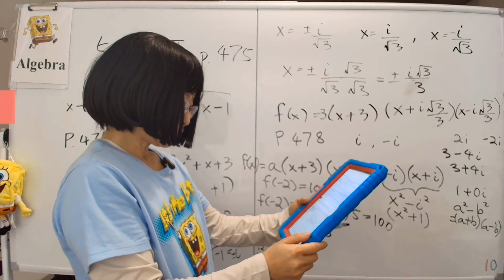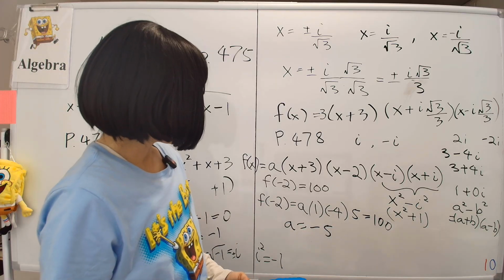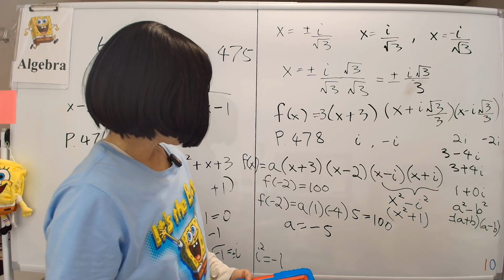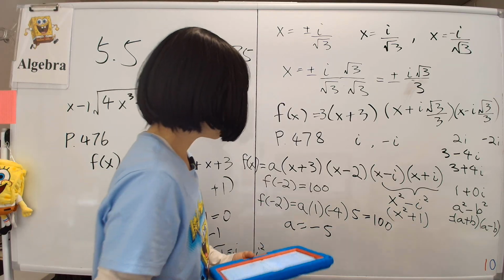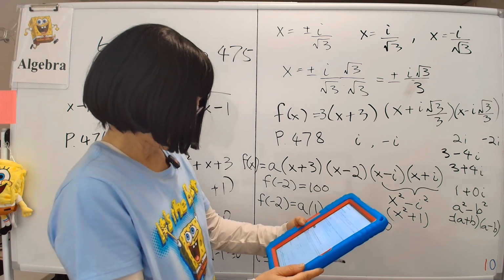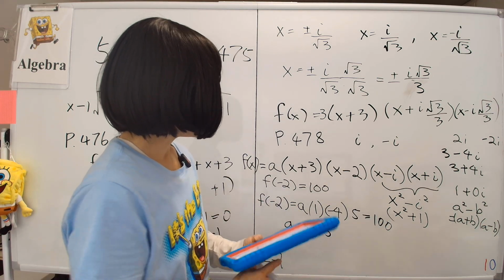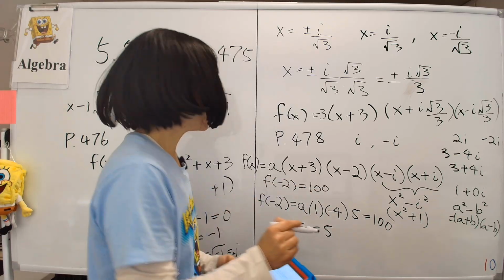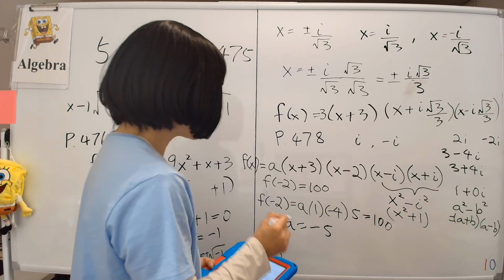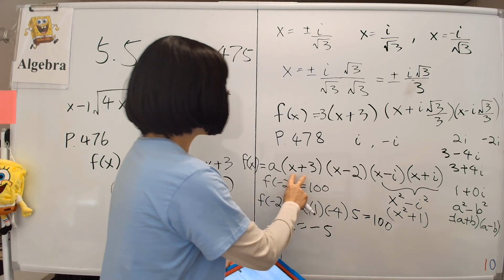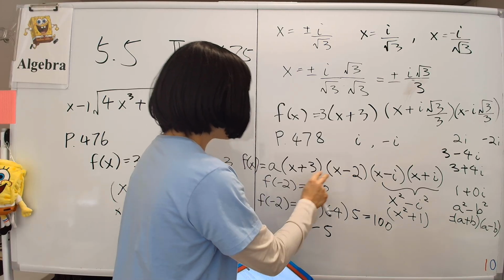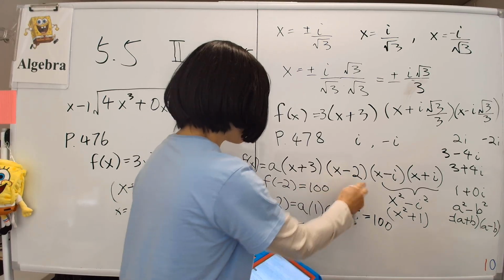And then the next thing your book wants you to do is multiply this thing out. It sounds like a lot of grunt work, but okay, let's multiply this thing out. Let's multiply this part out first. What is x plus 3 times x minus 2?